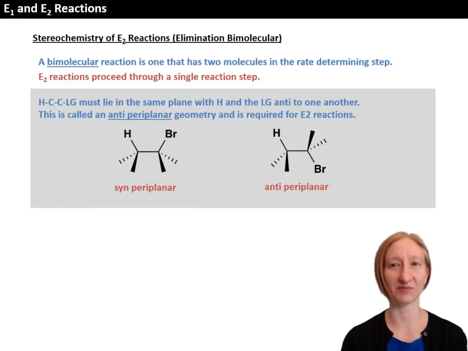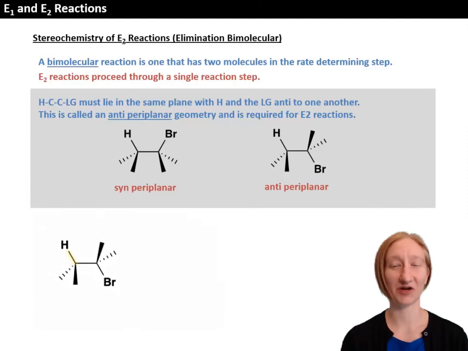And when they're in the same plane, the hydrogen and the leaving group are on opposite sides of the molecule in a trans-like geometry. In the syn-periplanar geometry shown on the left, the hydrogen and bromine are in the same plane, but they're on the same side of the structure, or in a cis-like orientation. And an E2 elimination cannot occur from this geometry. Instead, an E2 elimination requires the anti-periplanar orientation that's shown on the right.